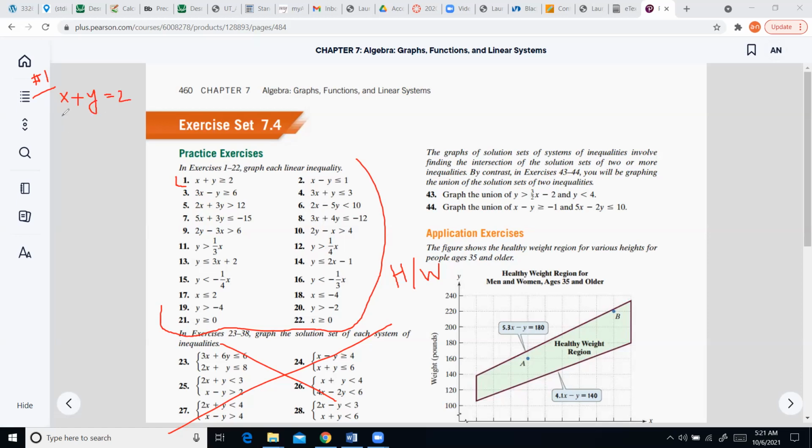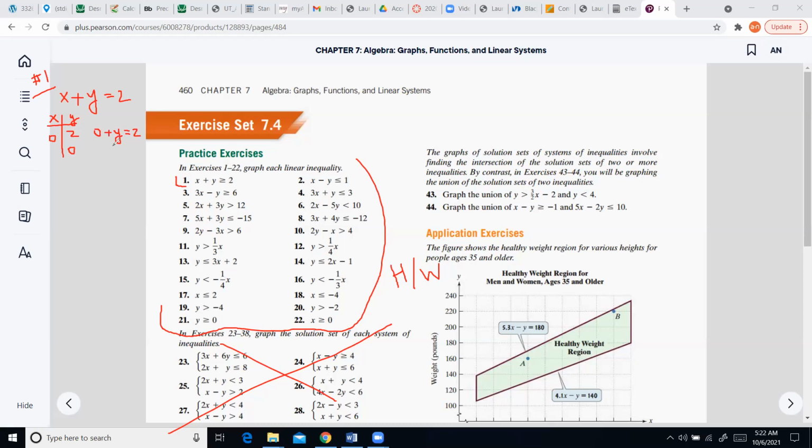And to graph the equation of a line, we can use 0 instead of x and 0 instead of y. That'd be convenient, they'd be the intercepts. So if I use 0 instead of x, I'll get 0 plus y is equal to 2, which actually means that y is 2. So that's convenient.